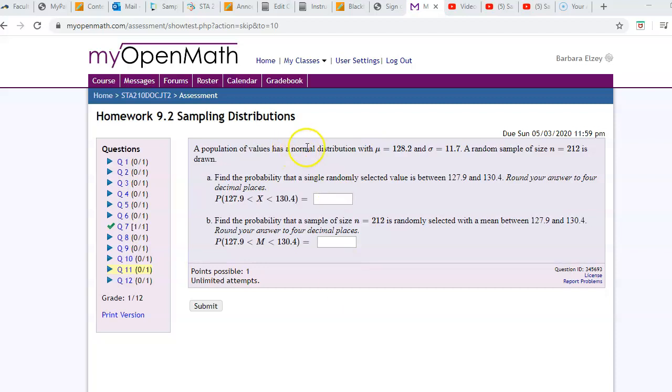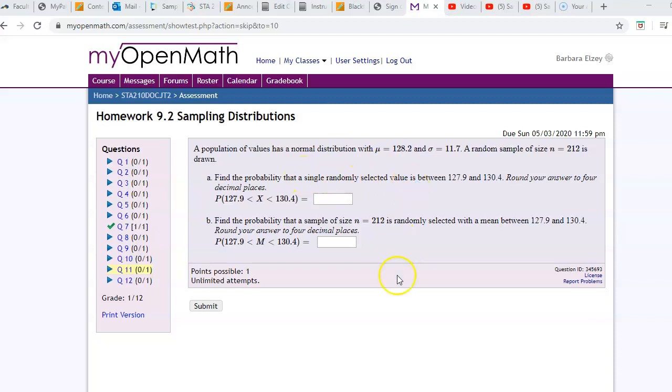Now let's notice we have a normal distribution and we're finding a probability. And anytime we're finding a probability for a normal distribution, we're going to use one of our two z-scores. This question is asking for the probability of a single value. So we're not using our sample size, we're using a single value.